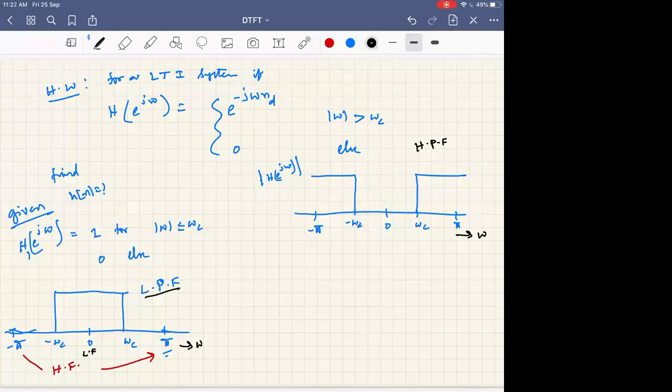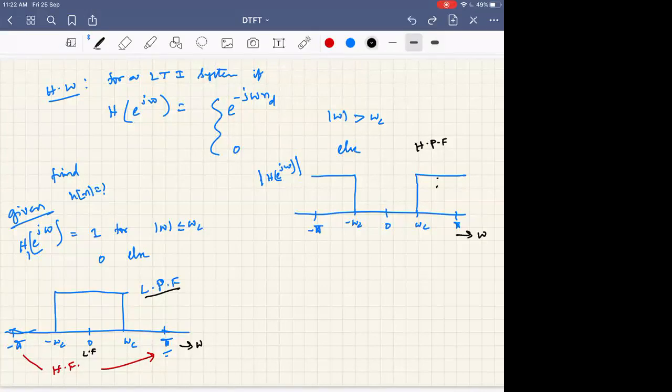Band pass means it passes only a particular pass band, for example omega 1 to omega 2, or omega c to omega c plus something. That is band pass. But this is high pass. Fine.